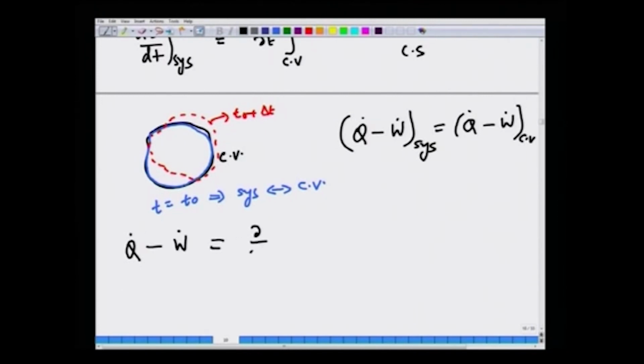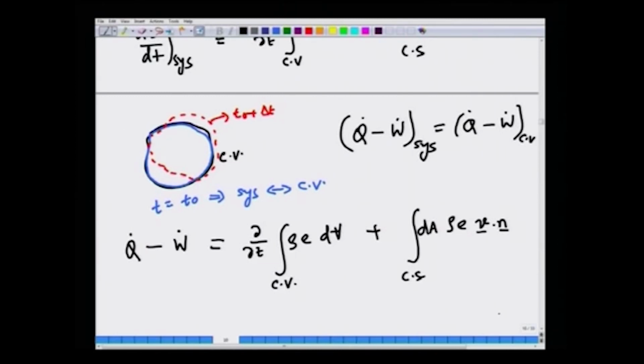Q dot minus W dot is equal to d dt of the integral over CV of rho e dV plus the integral over the CS of rho e (V dot dA), this is the flux term. Okay.